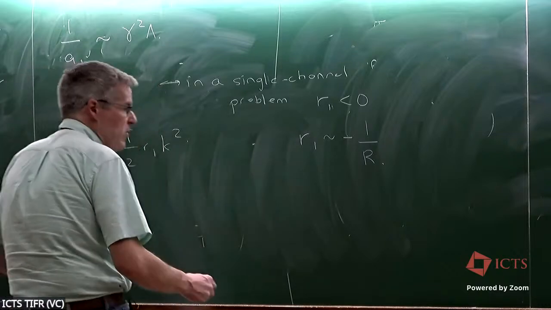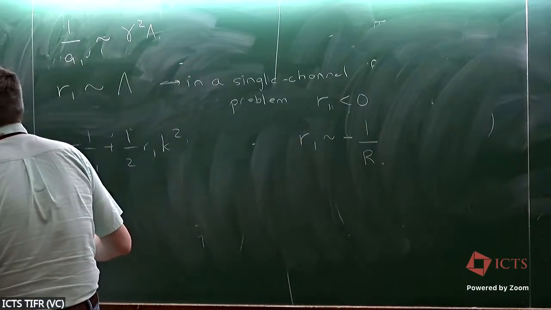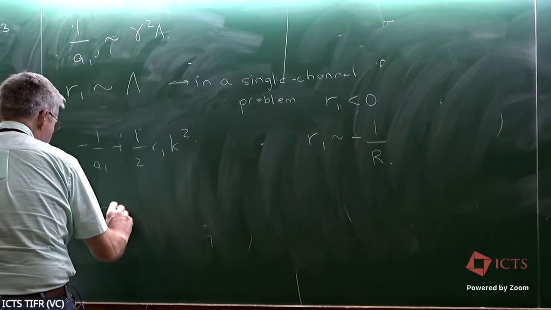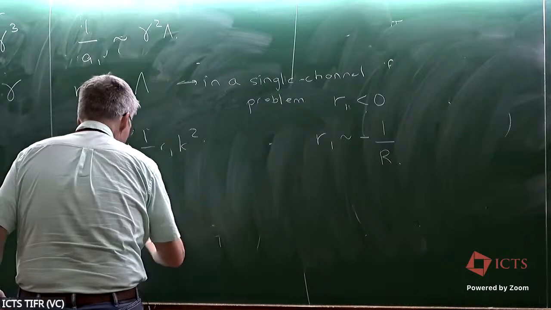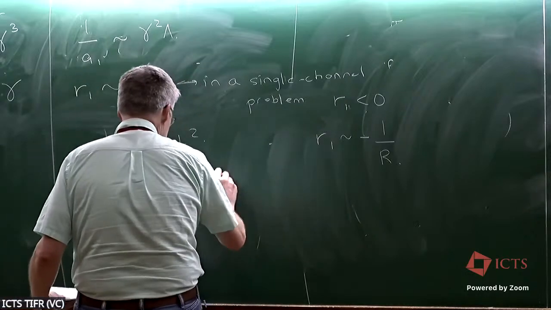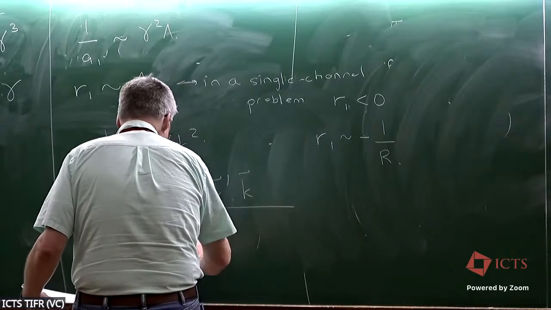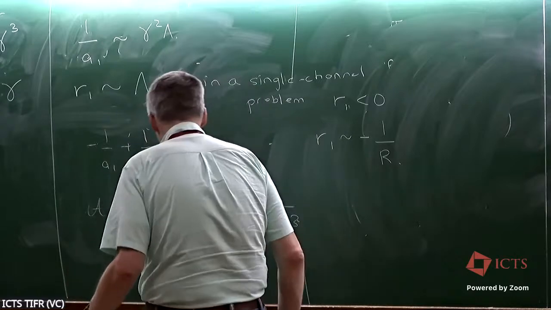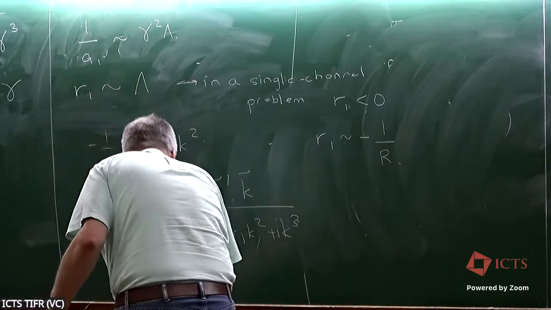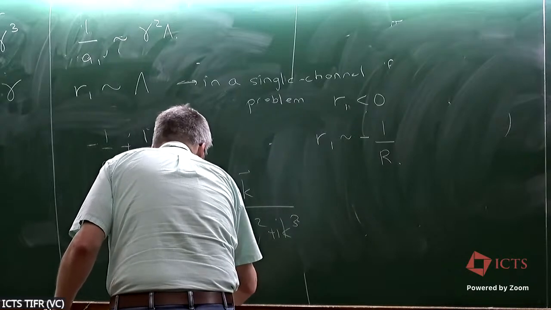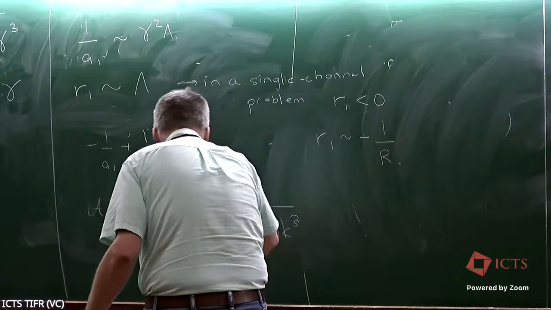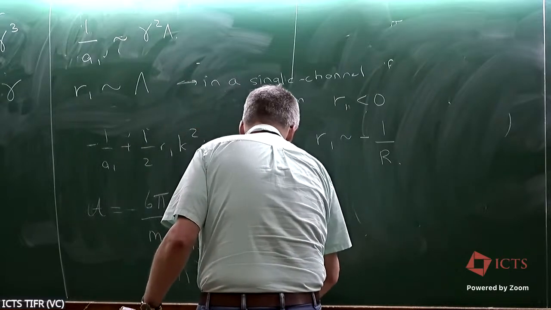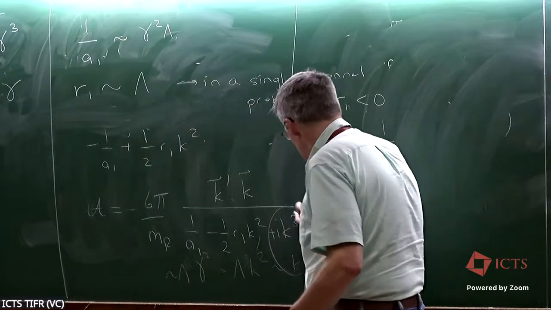If we look at our dressed dimer propagator, or actually even better, if we look at the amplitude, the particle physicist amplitude is minus 6 pi over mr. The size of these terms: this one is of order lambda squared gamma, this one is of order lambda gamma squared, this one is of order lambda k squared, and this one is of order k cubed. So this term is actually small compared to these two.